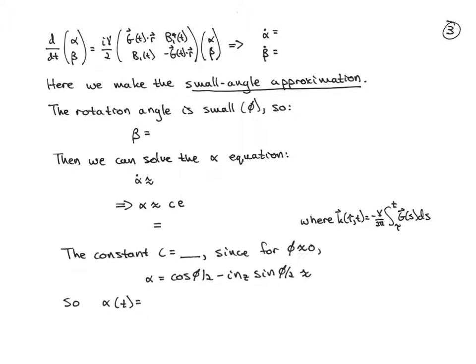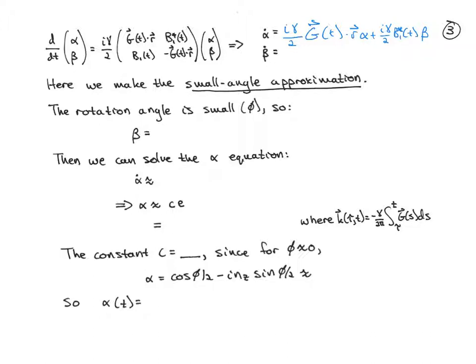So now we're going to do what we haven't done before, and we're going to express the Bloch equation in terms of alpha and beta. If we expand this out, we get that the time derivative of alpha is equal to i gamma over 2 times g vec of t dot r times alpha plus i gamma over 2 times b1 complex conjugate of t times beta, where b1 of t here is equal to bx plus i times by.